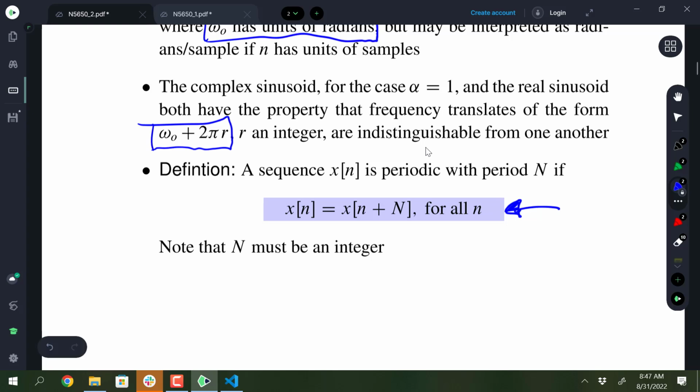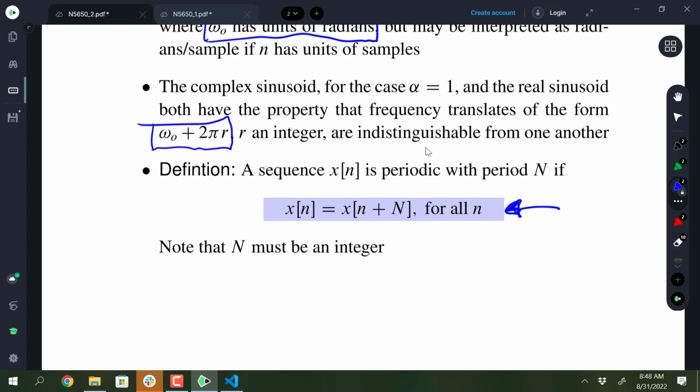So now what we're going to do is take that idea, something that you've lived with all your engineering life, I'll just speculate, that a cosine wave is always periodic because trig functions have this modulo 2 pi property.